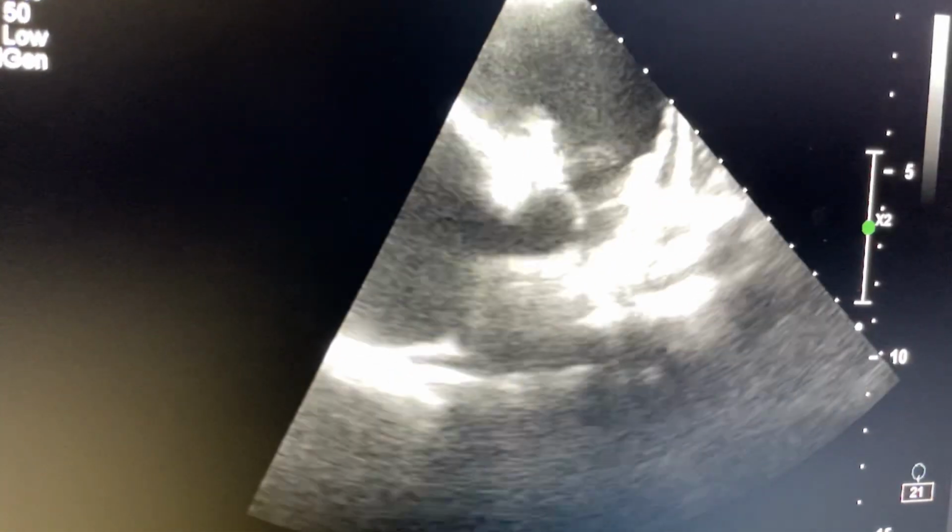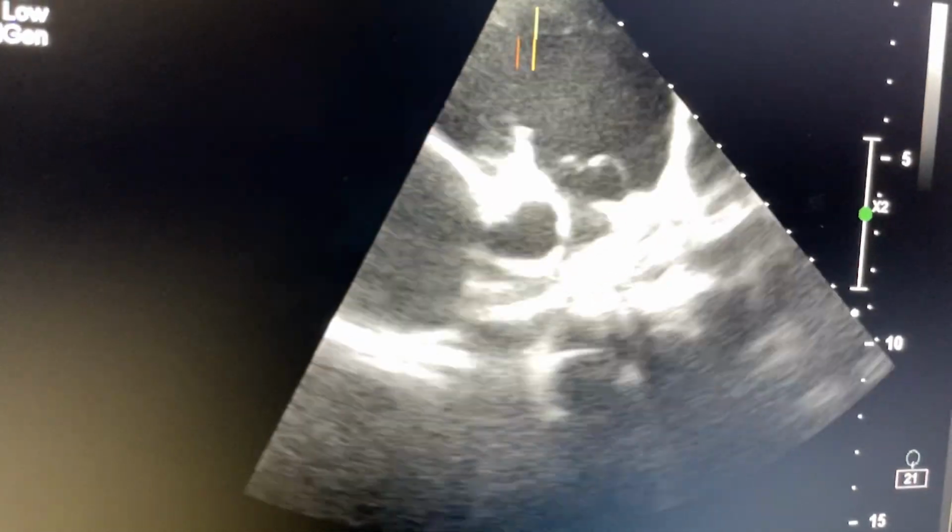This is pulmonary valve. You can see this is pulmonary valve. This is true right ventricle, and this is tricuspid valve.